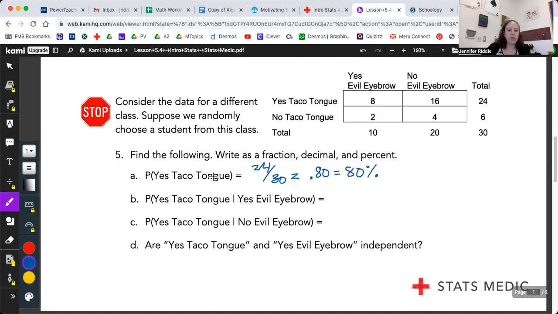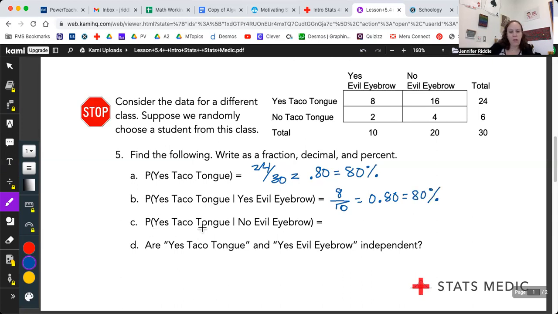Okay. Let's look at the probability of yes, taco tongue given yes, evil eyebrow. So now I'm taking it out of 10 people who can evil eyebrow, and I had 8 who could also taco tongue. So again, that's 0.8 or 80%.